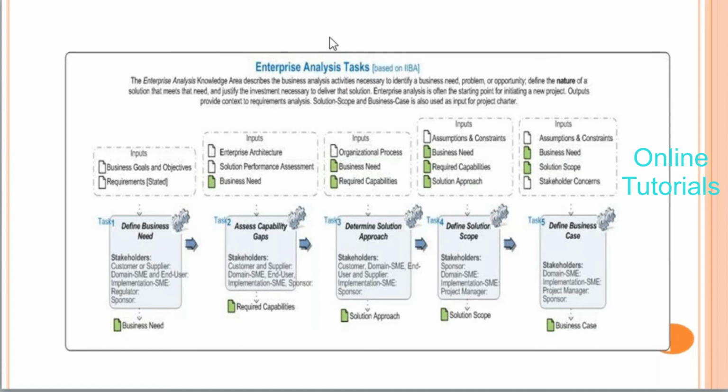Understand? Once you have determined the solution scope, then next you have to define the business case. Understood? This is what we call enterprise analysis.